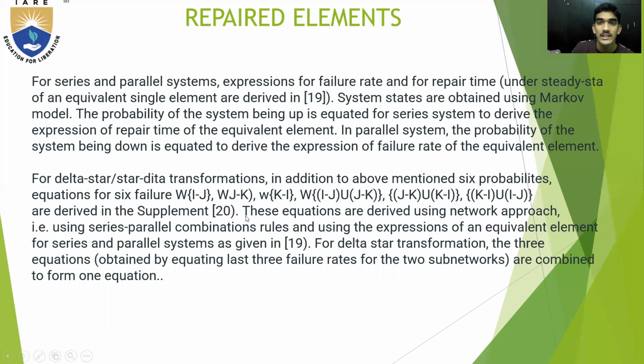These equations are derived using a network approach, that is, using series-parallel combination rules and using expressions of an equivalent element for series and parallel systems as given in figure 19. For delta-star transformation, the three equations obtained by equating the last three failure rates for the two subnetworks are combined to form one equation.